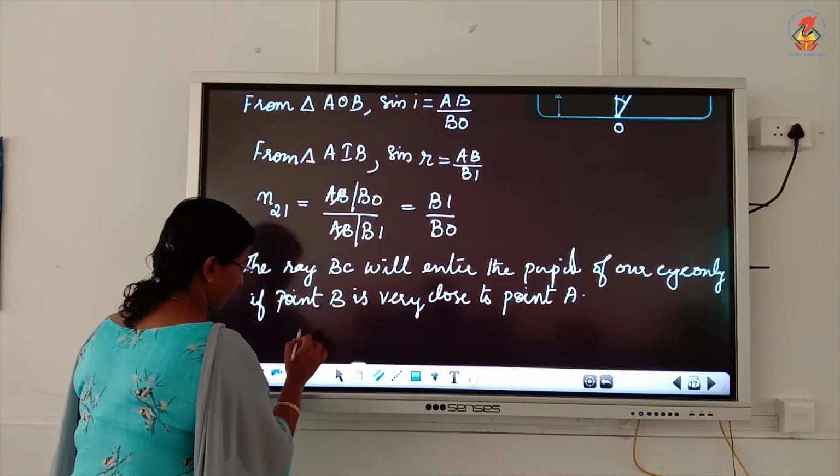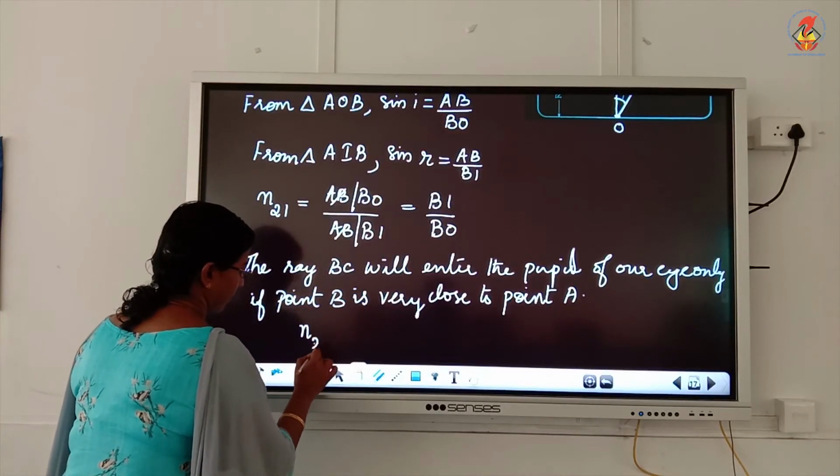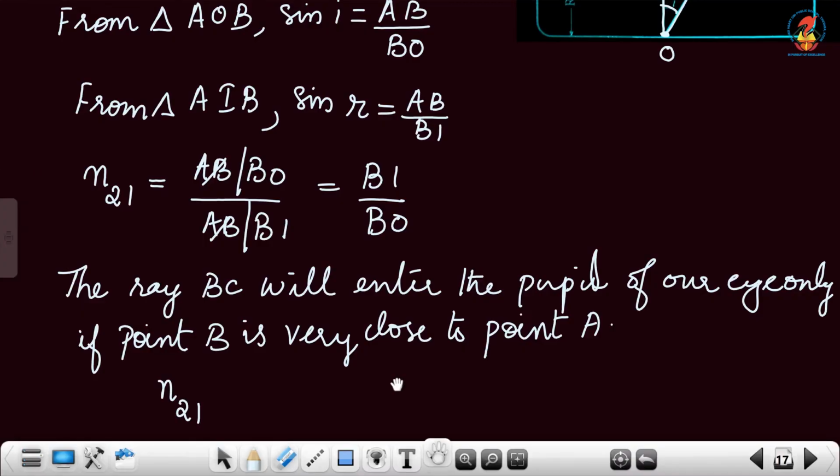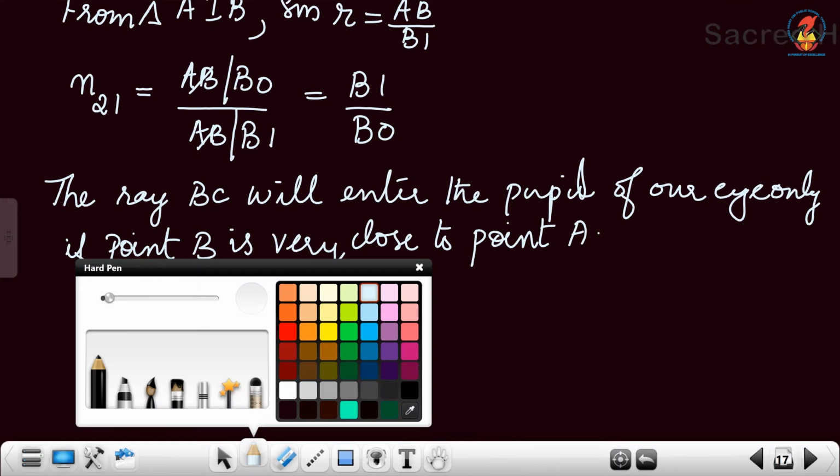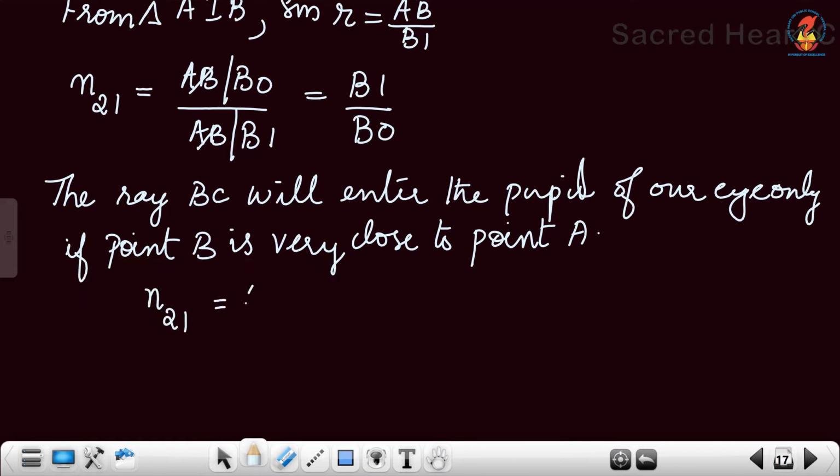So we can write refractive index n21 is equal to AI divided by AO.